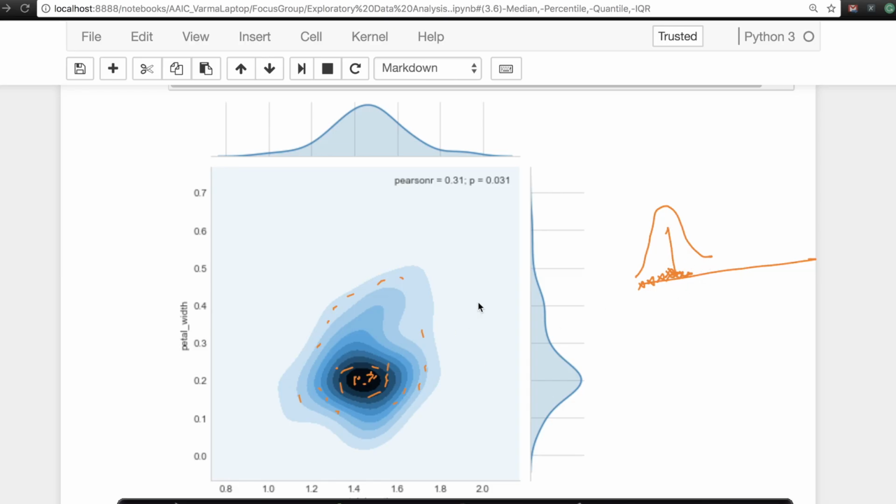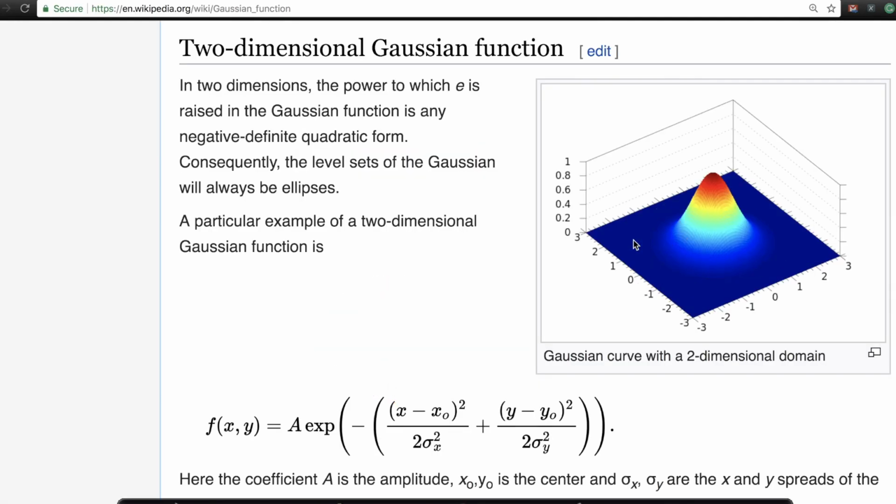function, right? In your two-dimensional density function, imagine there is a hill coming out of the screen towards you. Let me show you an example which will clarify it for you. So imagine that this is your petal length and this is your petal width. This is a three-dimensional plot here.